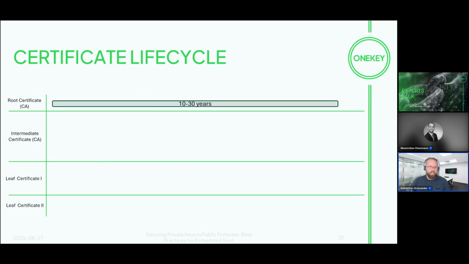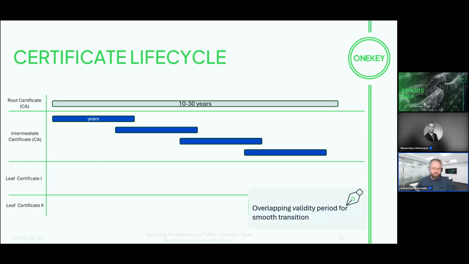We have already seen certificates have a lifespan. So for root certificates, typically 10 to 30 years, of course, depending on the use case, this can be different. Intermediate certificates are typically valid for some years, also dependent. And it is quite important if you need a new certificate to plan with overlapping validity periods.